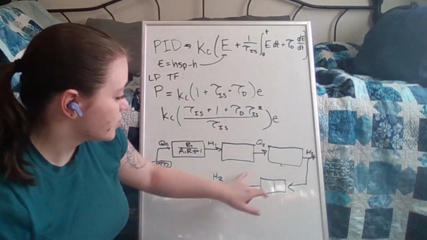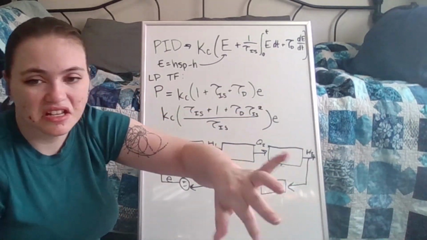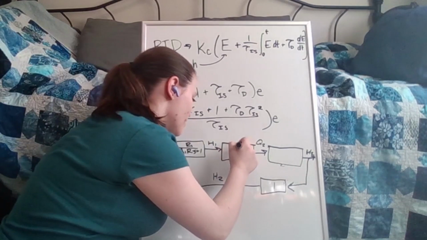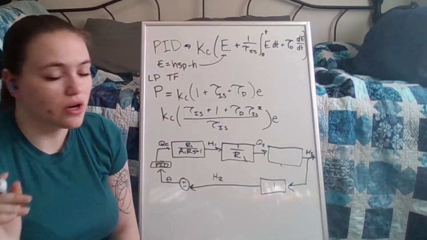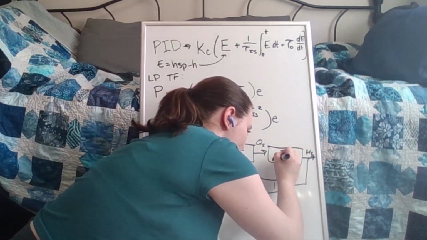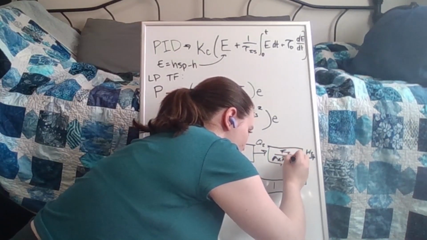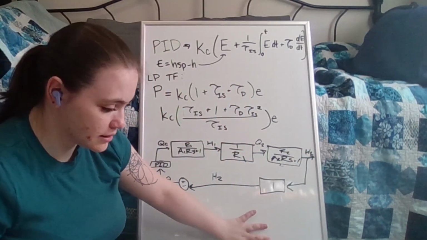And with these two blocks, we are going to have 1 over R1, and then over here is our R2 over A2 R2 s plus 1.